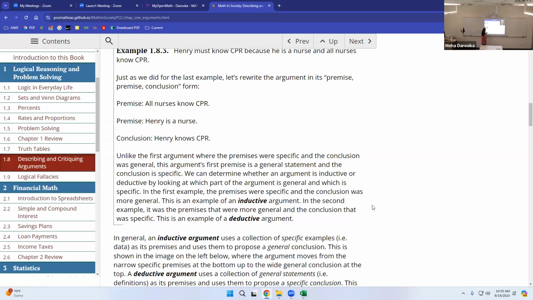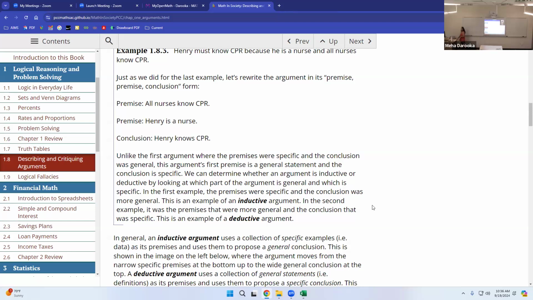And then the conclusion is specific to Henry because we are saying Henry, who is a nurse, should know CPR, right? So you went from a general argument to a specific conclusion, whereas in the wallet example, that order was reversed, right? Because there were two specific instances where we forgot the wallet, but we generalized and said, oh, we forget our wallet every time we go to the store.